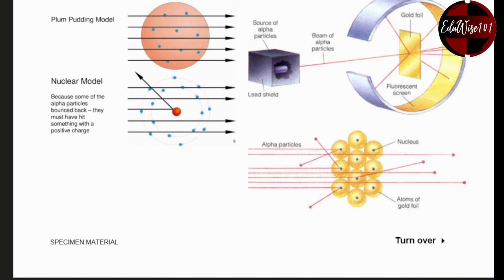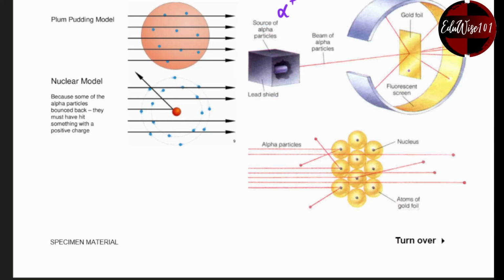So on this side, you've got the setup for the gold foil experiment. You've got the alpha source, which is positively charged. Alpha is a positively charged helium nucleus with 2 protons and 2 neutrons. A beam of alpha particles is directed towards a gold foil.